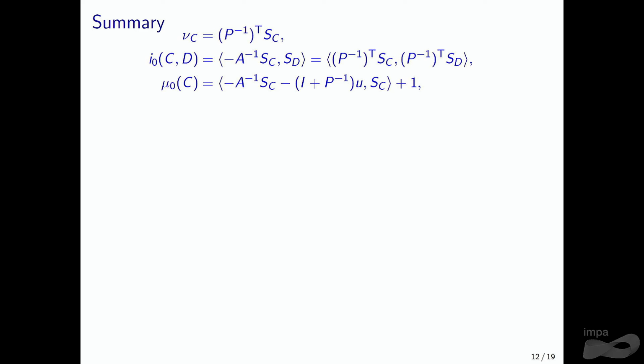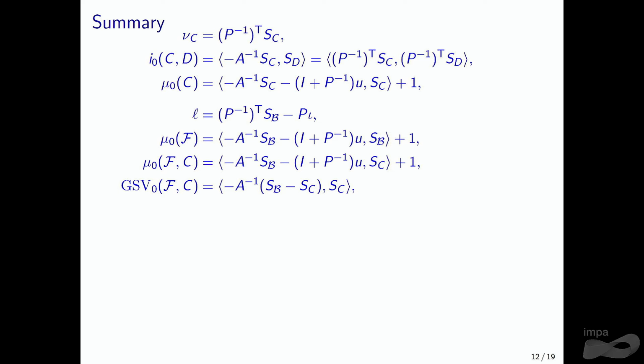The algebraic multiplicity of a curve by the proximity matrix, the intersection number of two curves by this pairing with the proximity matrix, the Milnor number of a curve using that, the discrepancy vector L that plays a role in the proof of the next three indices, the Milnor number of the foliation, the Milnor number of the foliation along a curve C, where the C appears at this level, and the GSV index, that's this simpler expression.